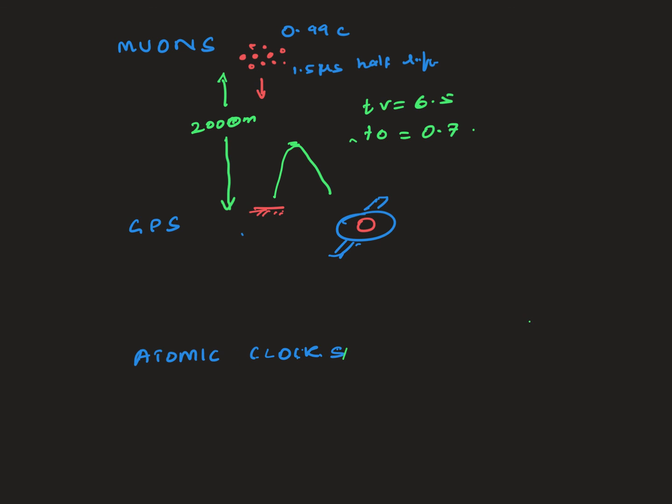Atomic clocks. This has been tried by several scientists to prove time dilation. They put atomic clocks in aircraft and went around the Earth, east and west, in two different directions. They measured the time on Earth, and also measured the time when the clocks came back to Earth with the aircraft. They found that the clocks in the aircraft were moving slowly compared to the clocks on Earth.